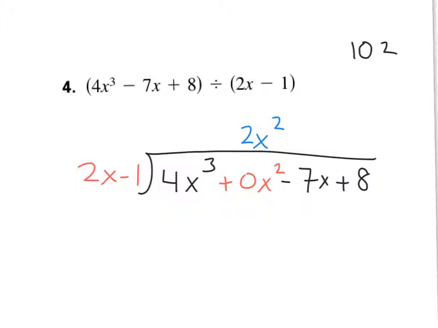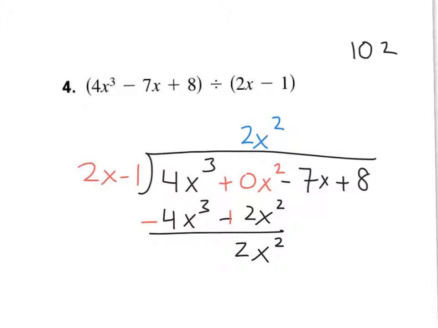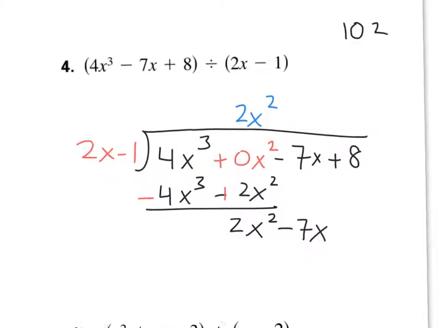So multiplying out, I get 2x cubed, and then distribute that to get minus 2x squared. Draw the bar and oppositify everything. So I bring down a positive 2x squared and bring down a negative 7x. Ask myself that same question.